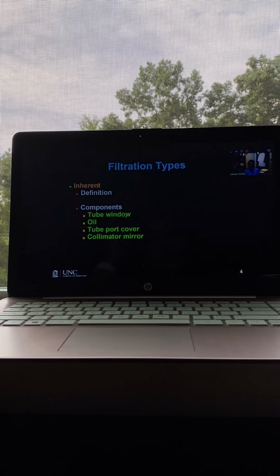If they make it out of the x-ray tube, we also want those x-rays to make it out of the protective housing. Okay. And then another filtration device that's inherent is the collimator mirror. I know we haven't talked about collimation yet. We'll talk about it. But inside of the collimator, there's a mirror, and you'll see that in a moment. Okay. So far, so good?